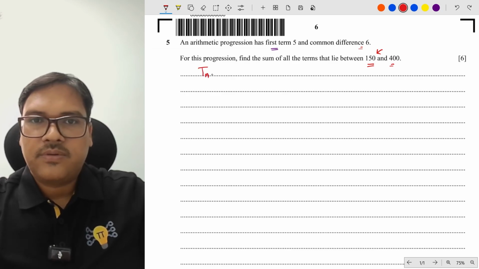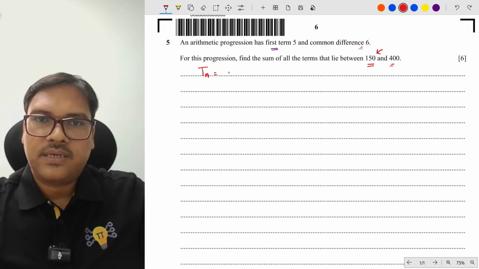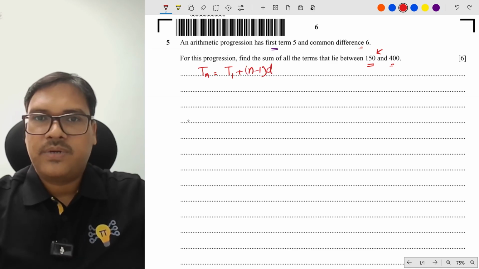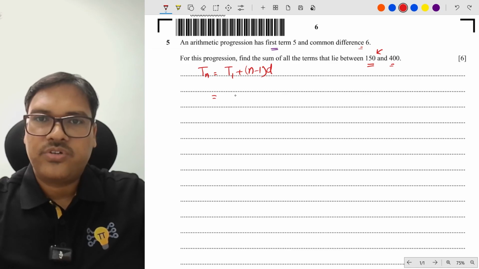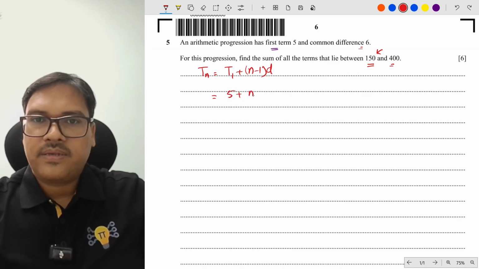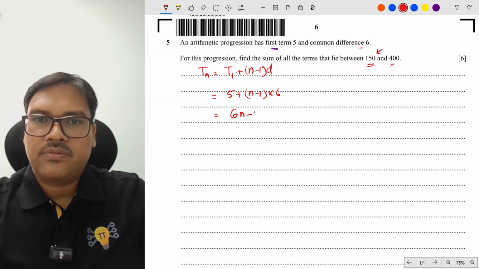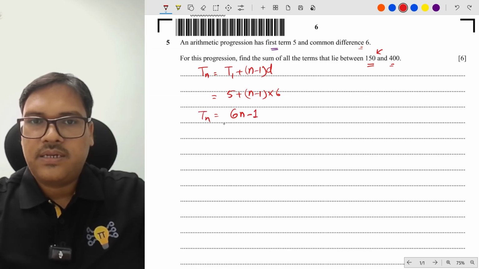So what is the nth term of this? That is the first term, t1 plus n minus 1 into d. That is the nth term of an arithmetic progression. The first term is 5, and the common difference is 6. So you can clearly see this is 6n minus 1. So this is our nth term.